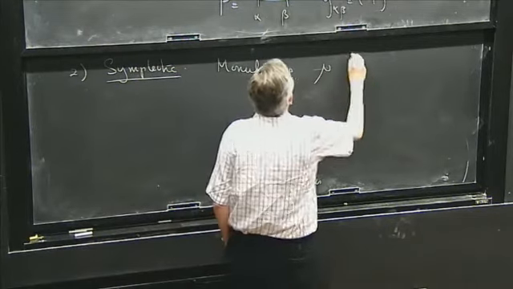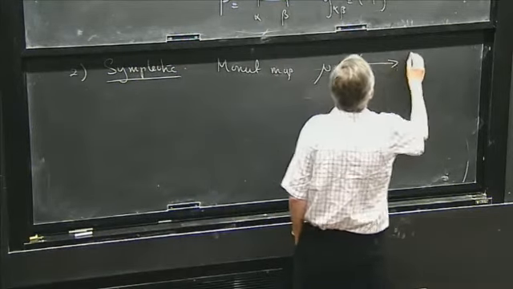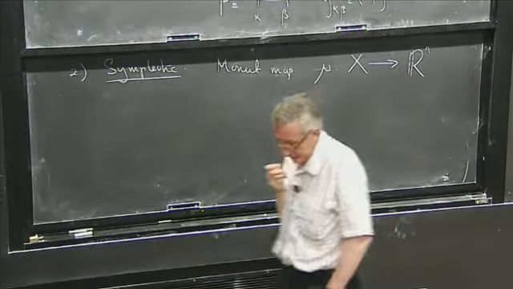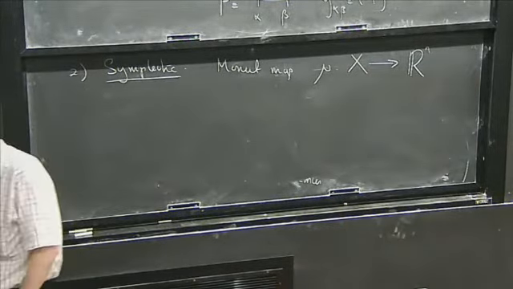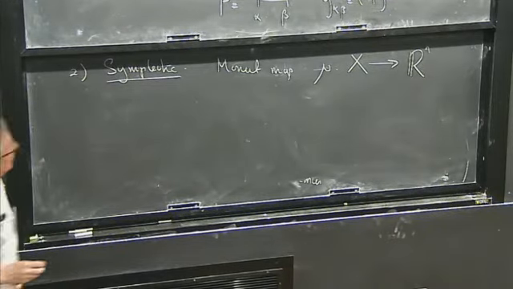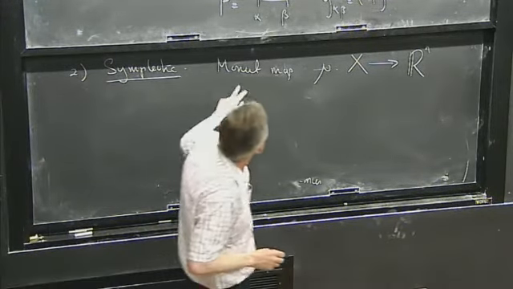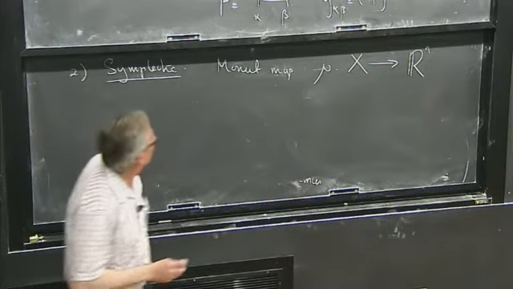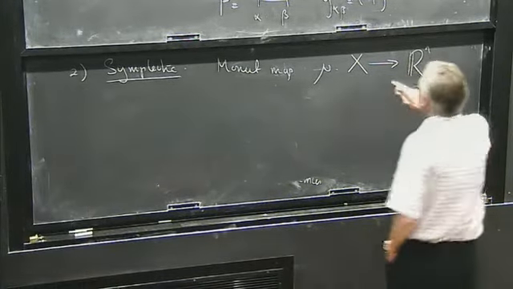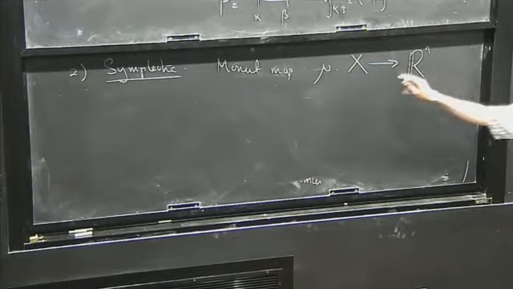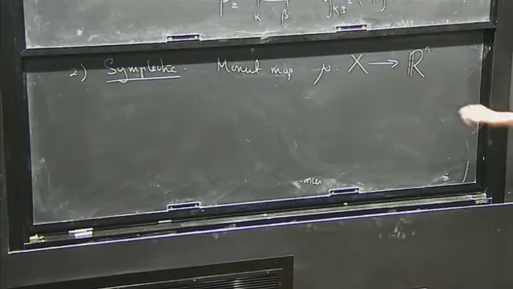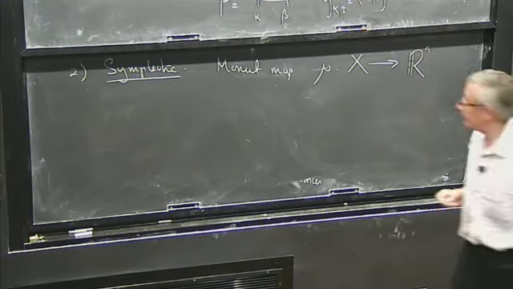So we have a moment map mu from X to R^n, and a basic theorem of Atiyah, maybe Guillemin and Sternberg, is that in this situation the image of the moment map is a convex polytope.